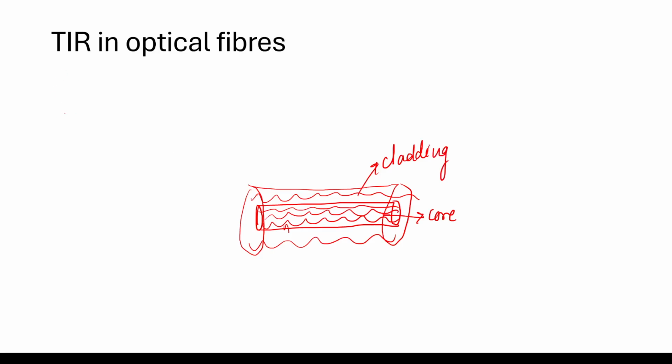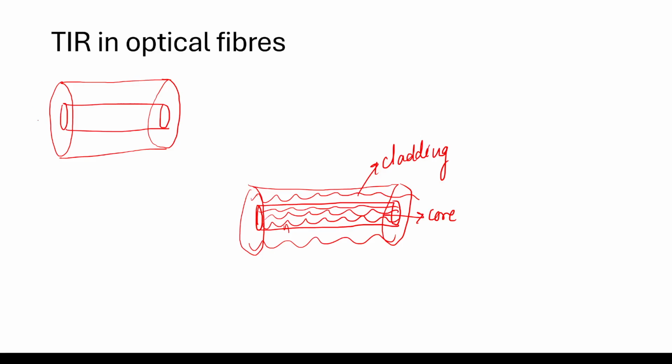So I'm just going to make the diagram here again. This is my core, which has high refractive index, and around it a cladding which has low refractive index.